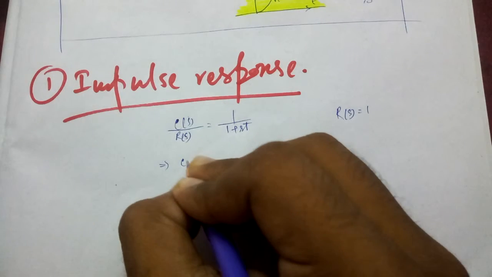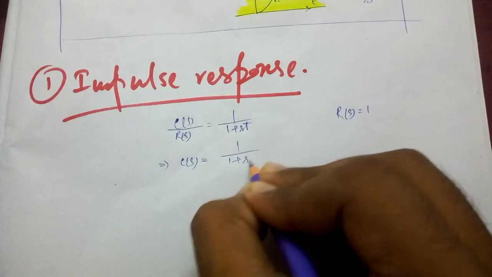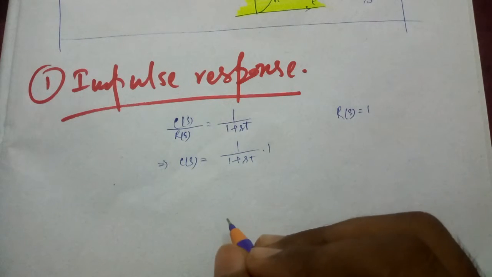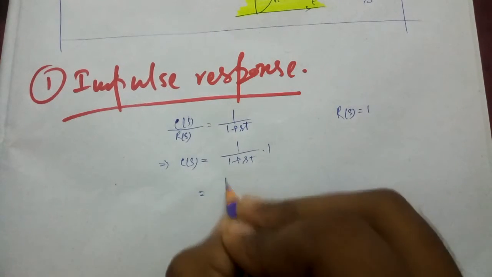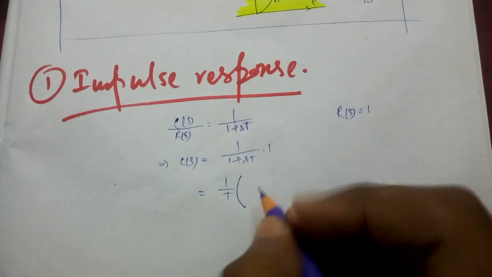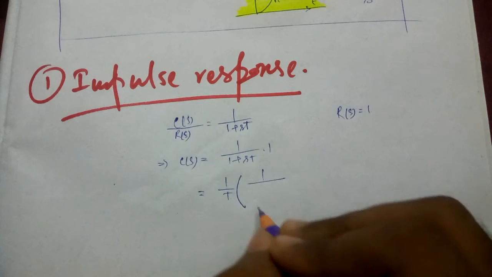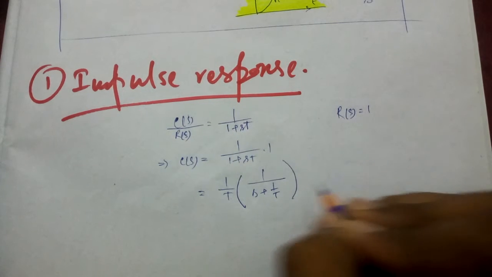So from here we can write C(s) is equal to 1 by 1 plus sT into 1. To simplify this, we can write it as 1 by T into 1 by, taking T common from here, s plus 1 by T.